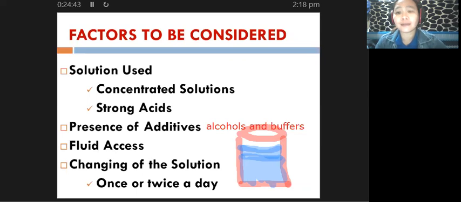Not just immersed, but it has to be suspended.